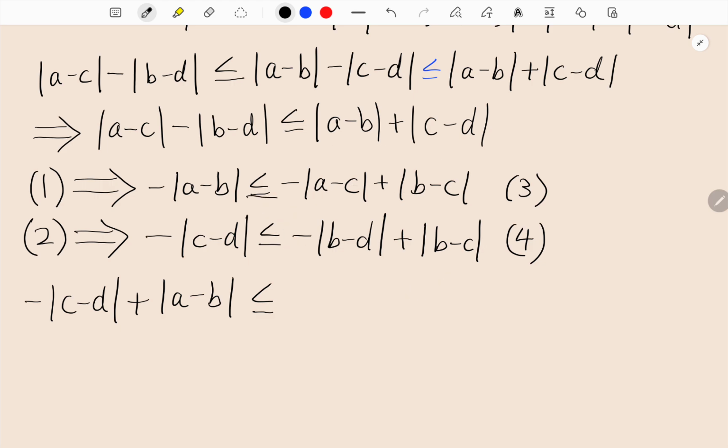If the two sides are equal, then the differences will be the same. That's why we still have an equality sign here for this inequation. Less than or equal to what? We will have negative absolute value of b minus d, and we see here that the b minus c terms cancel out. And then we have minus negative absolute value of a minus c, which is plus the absolute value of a minus c.